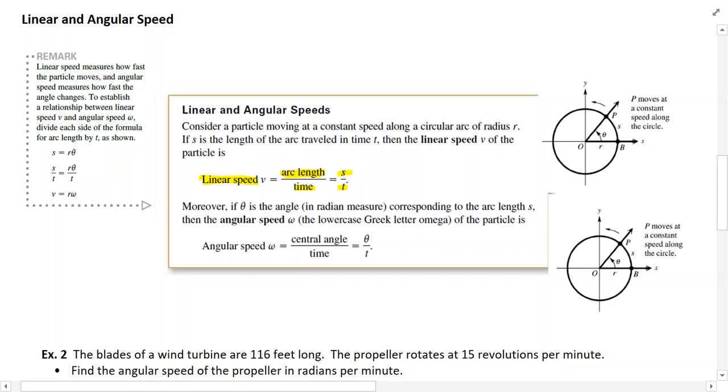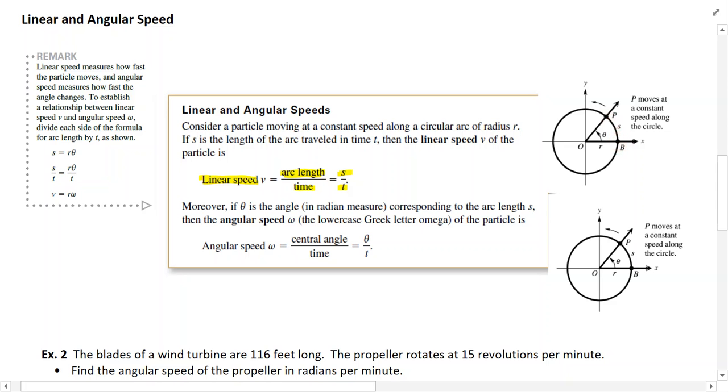Now, what does that look like geometrically? When we think about linear speed, what we're talking about is if I have a point here on the outside of the circle, I want to know how fast is that point changing, right? How far is that distance changing relative to time?